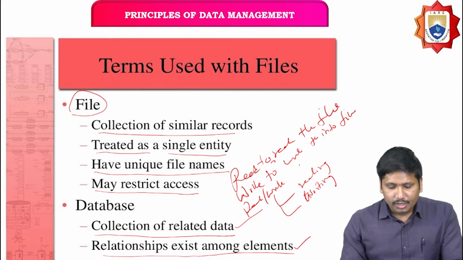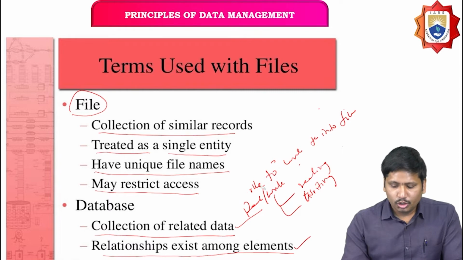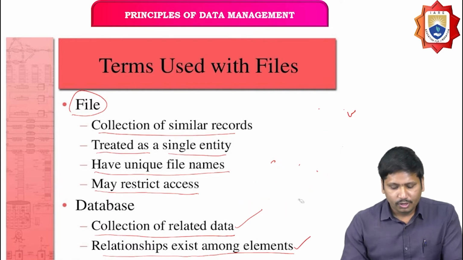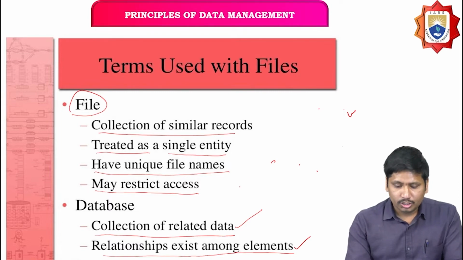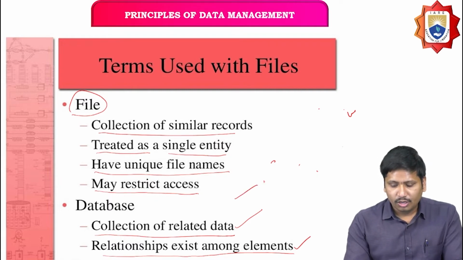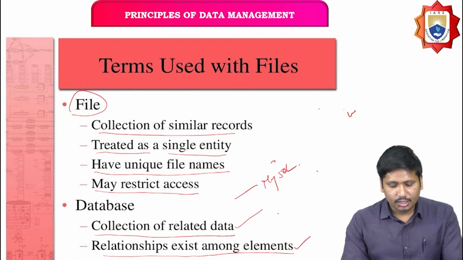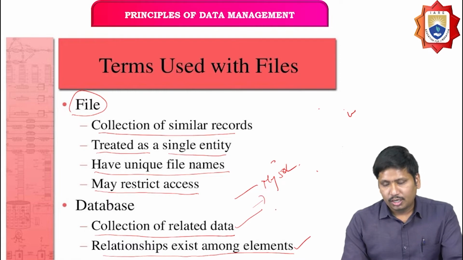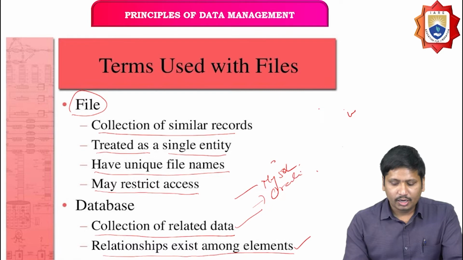Then the database. The database is used with different types of files, like text files and binary files. Suppose I'm going to use text files in a database, then I have to make use of MySQL, which is a database we have. And suppose I'm going to use some relational tables, then I have to make use of the Oracle database.